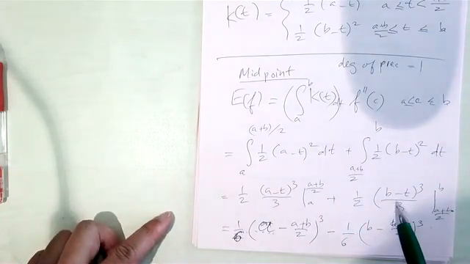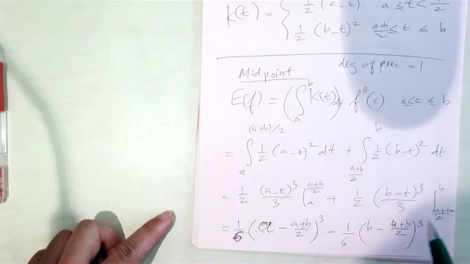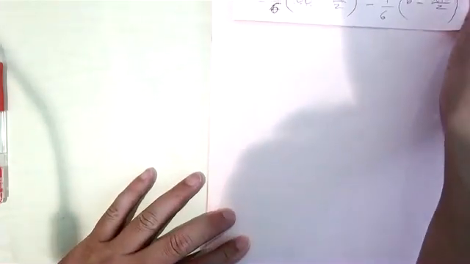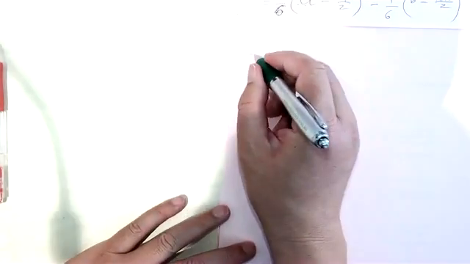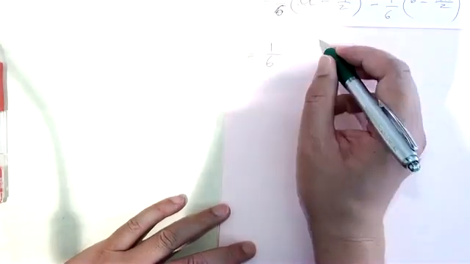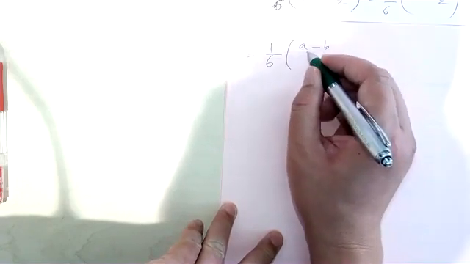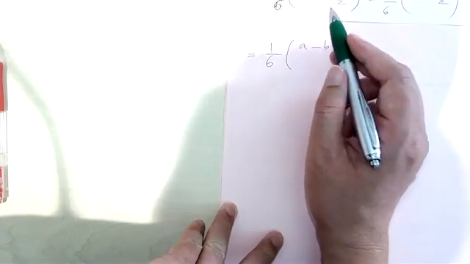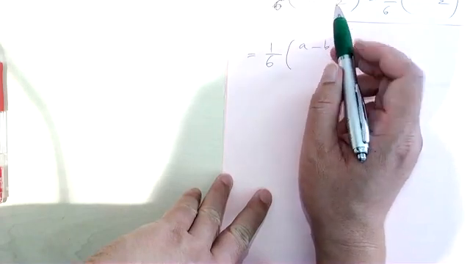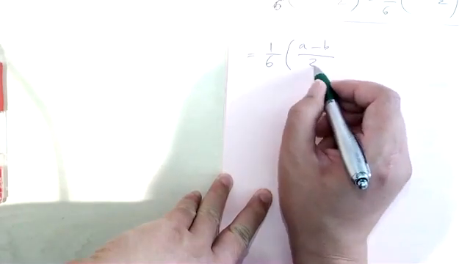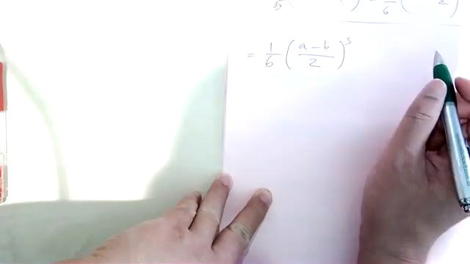Because if I plug in b here I get 0, I have to plug in (a plus b)/2. So the first one should be 1 over 6, and this one is a minus b, no, it should be b minus a, no, a minus b is correct.